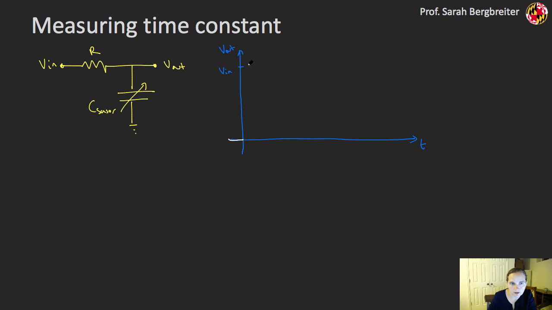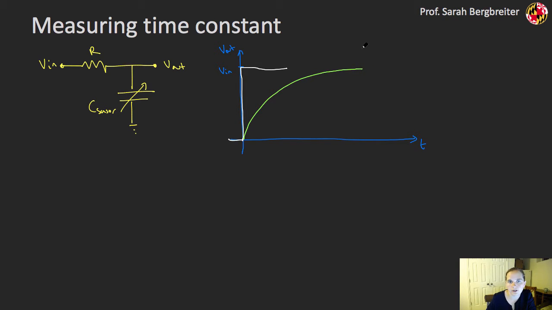And you know by now that if I provide some kind of step input to this system from my digital I/O pin, I'm going to get a response that's going to look like this exponential right here.